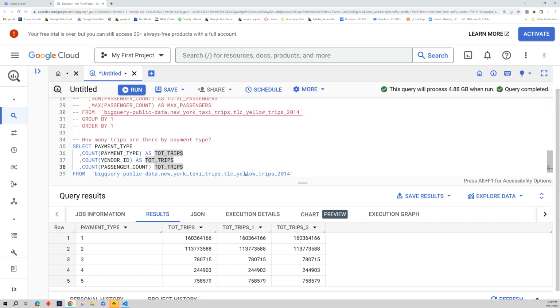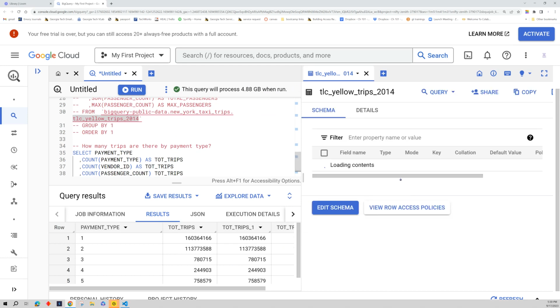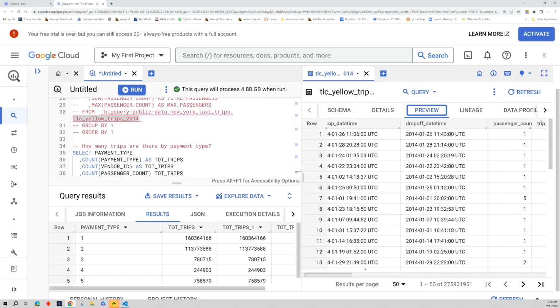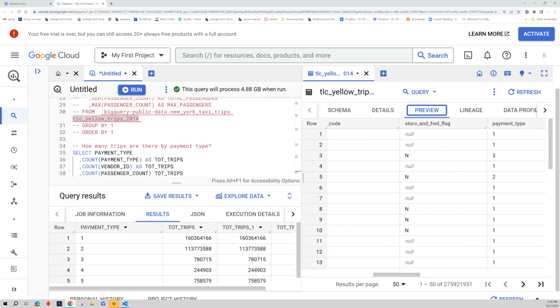So let's look at our data and see if we have one that has a null in it. Okay, let's try this one. So let's see if we count him, what's going to happen.